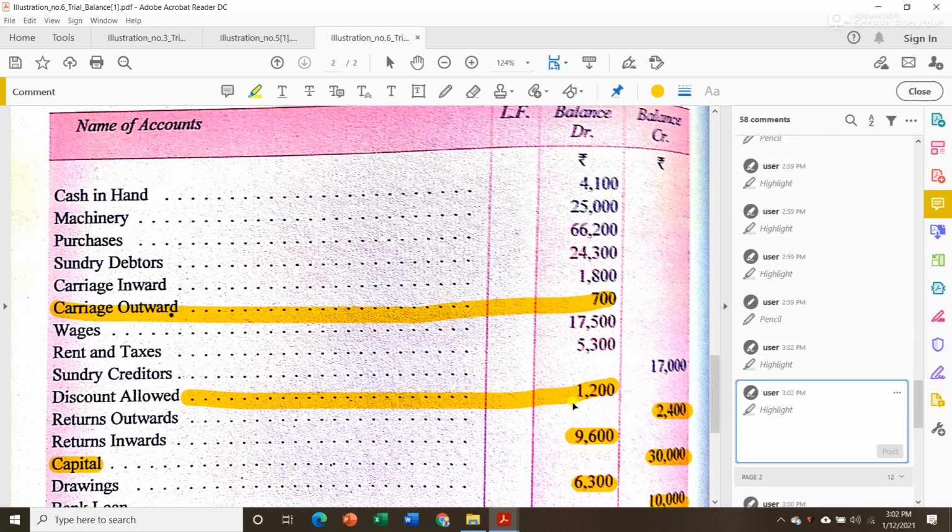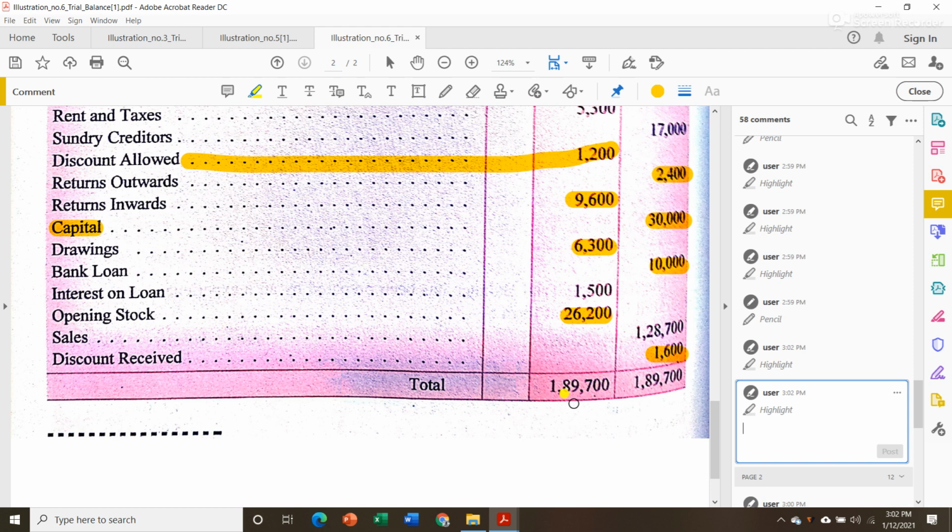So whenever I say that at the end of your solution or your trial balance, if you get both these column totals equal, that doesn't mean that your answer is 100% correct. At least there is a chance of 10% mistake. Okay, so for this session we will wind up here. Thank you.